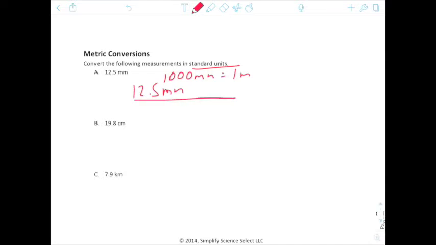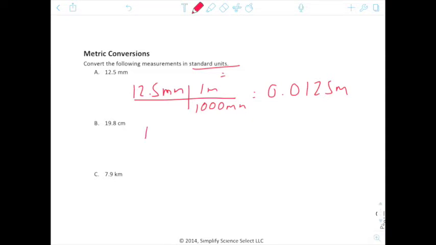Set up dimensional analysis, and we'll put 1,000 millimeters equals 1 meter. Essentially all we're doing is dividing by 1,000. So we'll get 0.0125 meters.